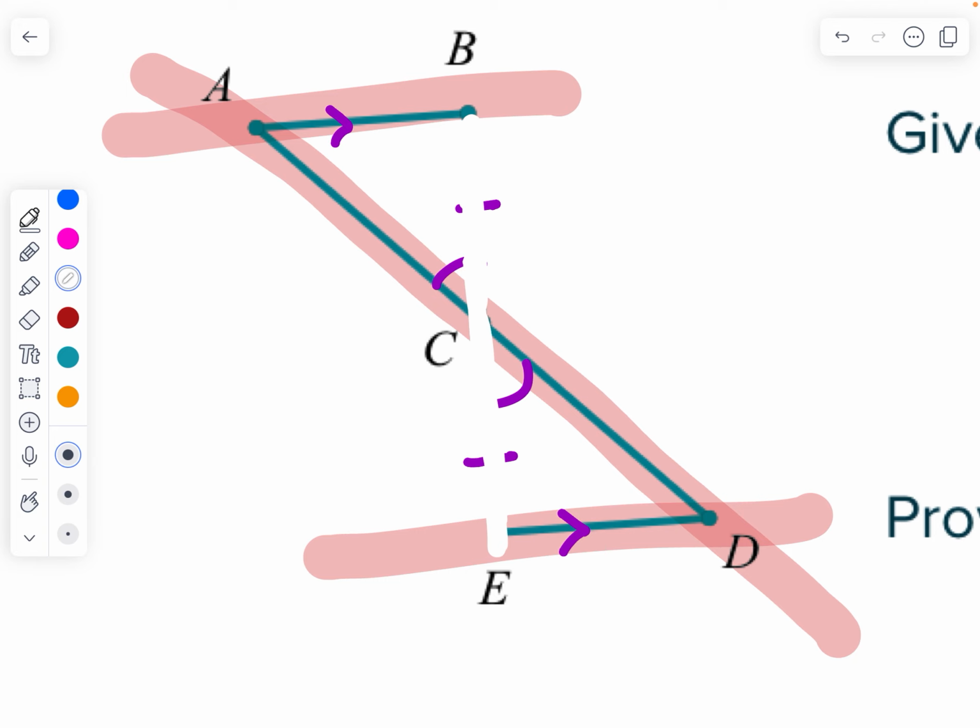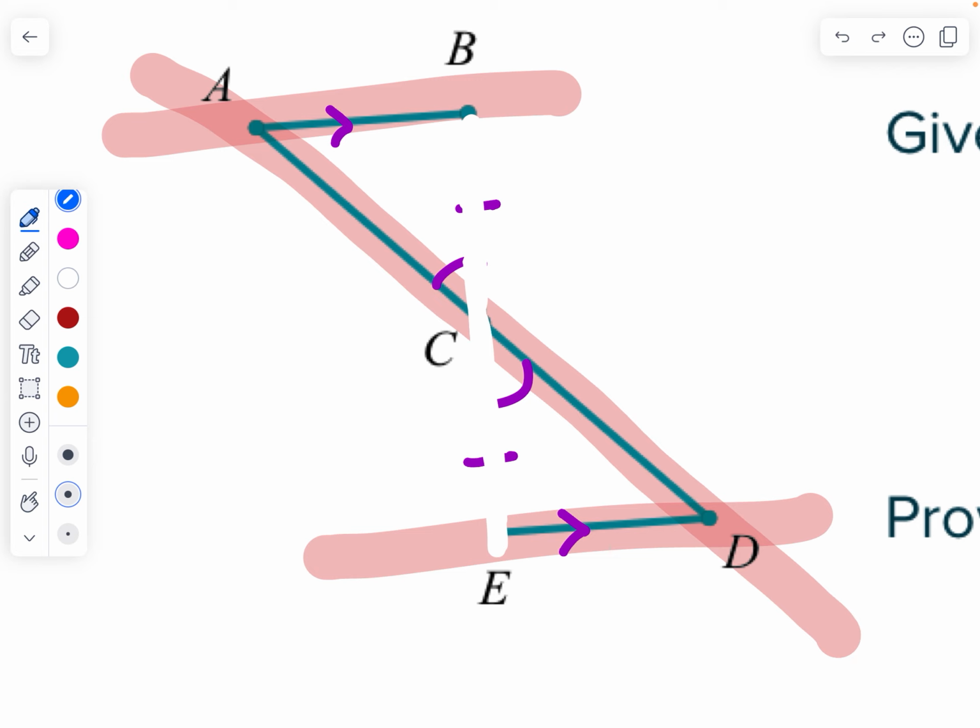The only angle left to look at is this one right here. Let me make a smaller pen mark. This angle here and this angle here. What kind of angle pair are those? Well, those are alternate interior angles, and alternate interiors are always congruent.